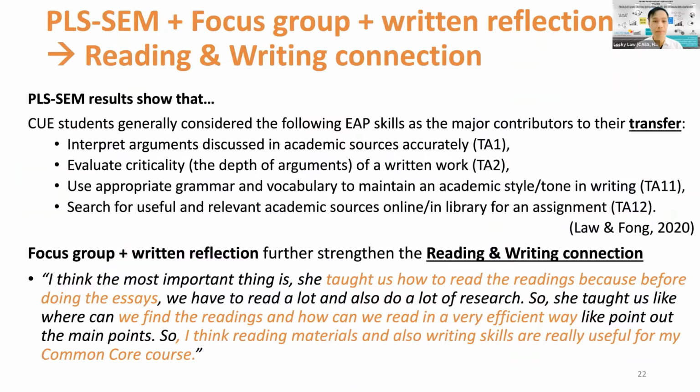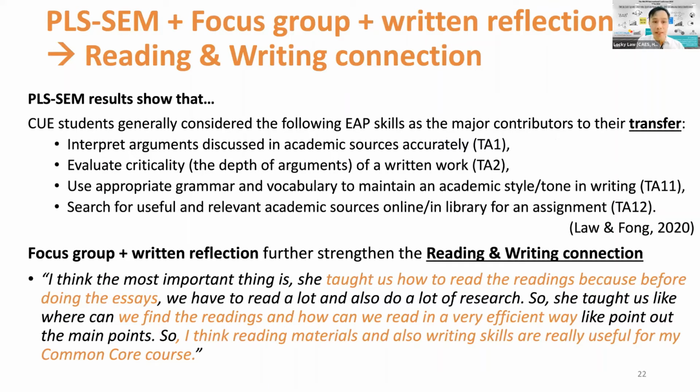Next slide, please. Okay, so because we use formative questions to ask our students, we are able to obtain specific information on the skills that they learn, and also what kind of skills are being transferred.